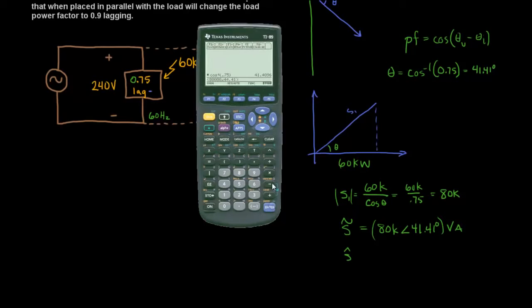Okay, so when I hit enter, it'll return me that same value, but in... Oops, I didn't enter it right, did I? The clue is that this should be 60,000, right? Because that's our real power. So this is supposed to be 41.41. Okay, so now it's 60,000.